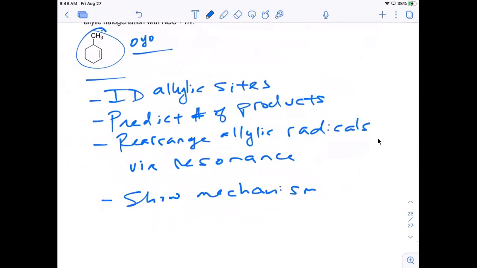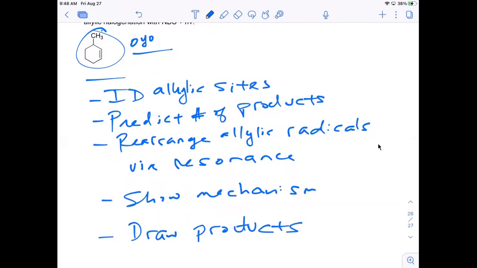We've been through that mechanism about 3 or 4 times. So you should be able to at least figure out which sites are allylic and predict the number of products. And you should be able to draw the products.